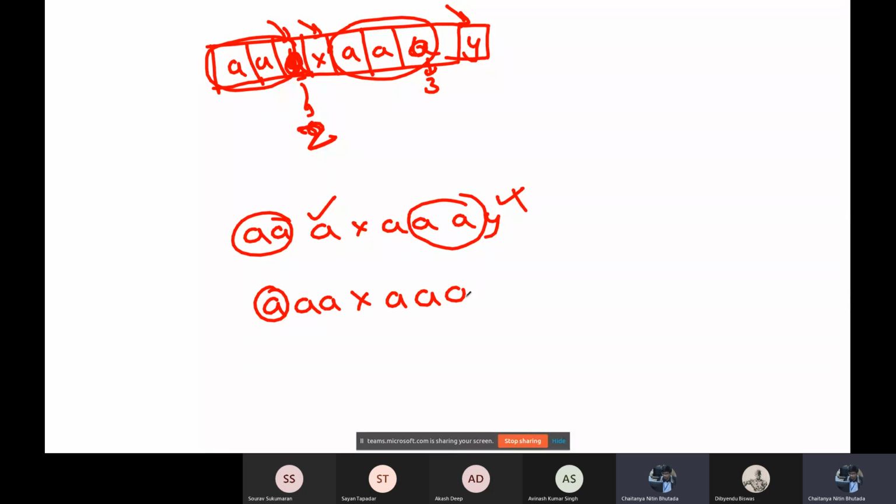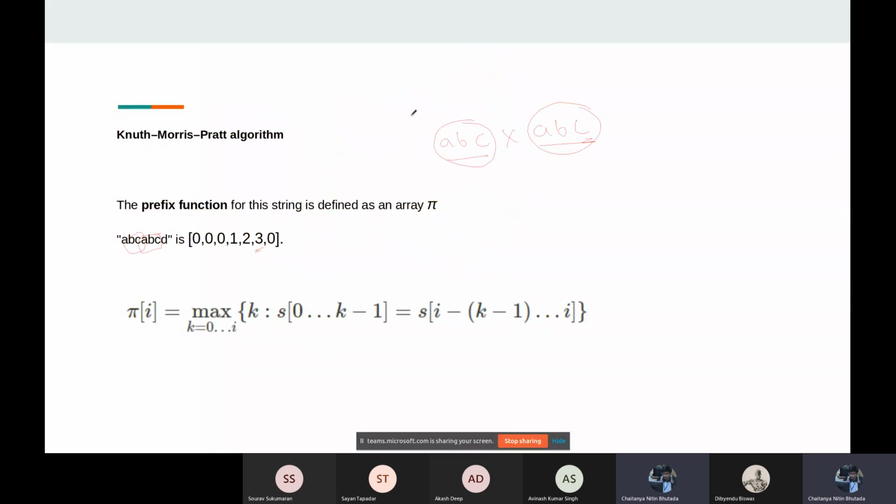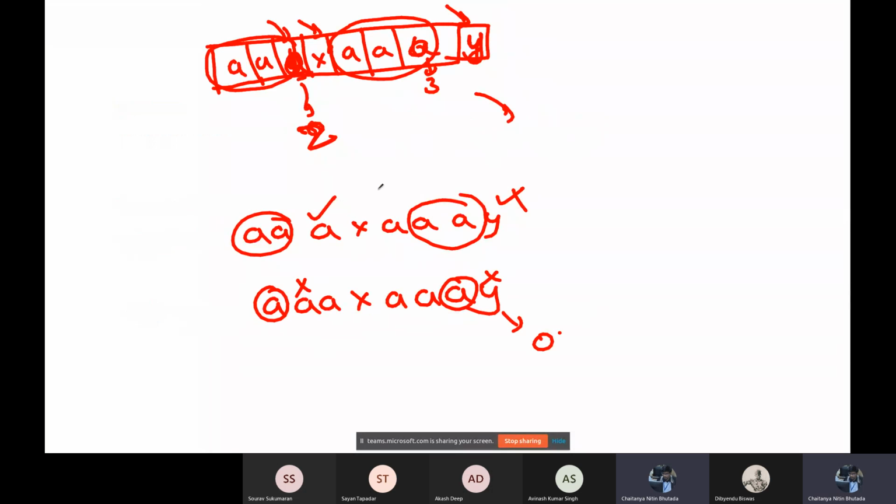So A, Y. This and this is also not equal. So the value of pi here will be 0. So we go on decreasing till we find such that the character here and here will be matching. Is it clear how we proceed?